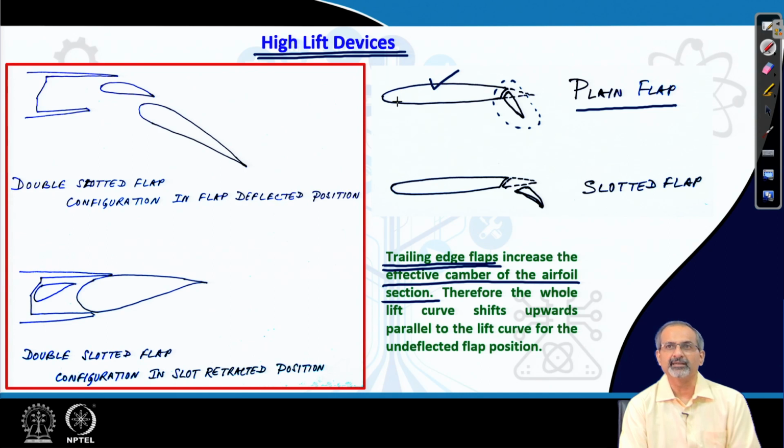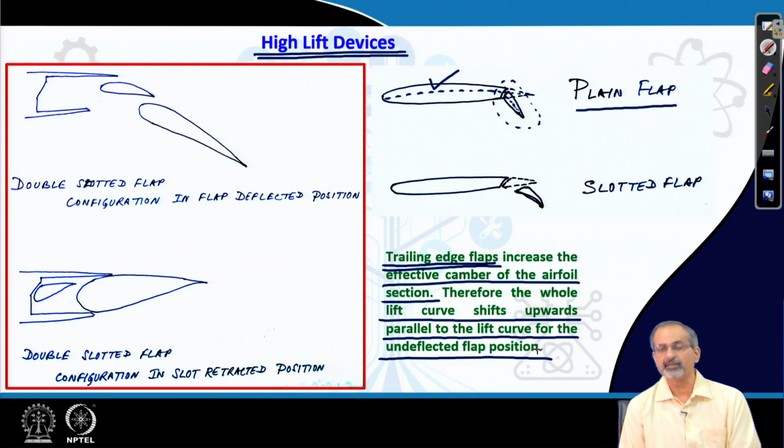As you can understand, when you have a deflected surface like that, the camber will look more like this. So, the original camber goes that way, but with the deflected surface the camber changes. Therefore, the whole lift curve shifts upward parallel to the lift curve for the undeflected flap position. That is the basic idea.